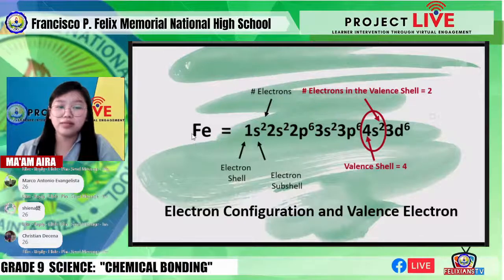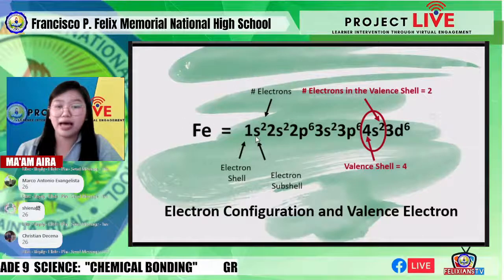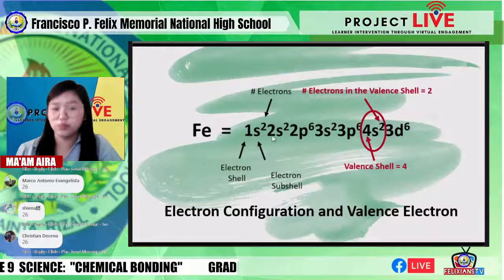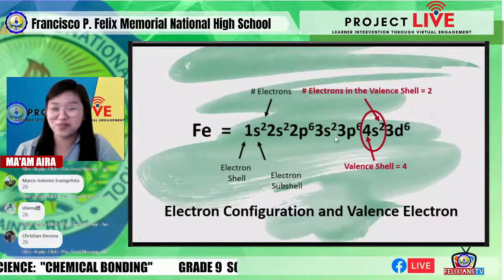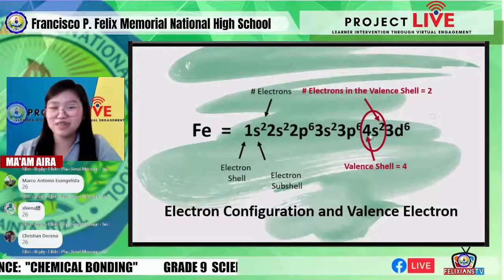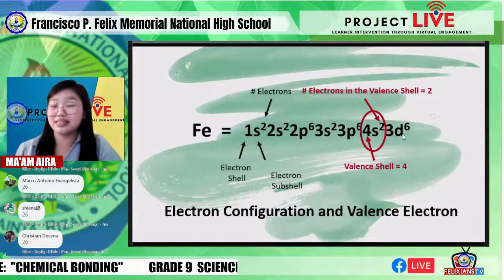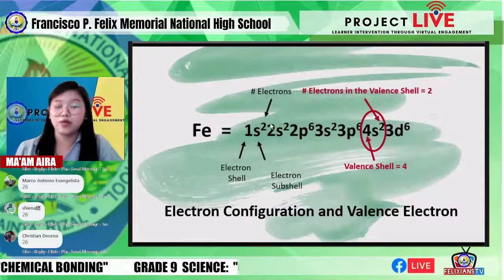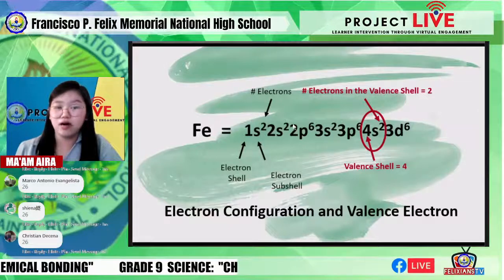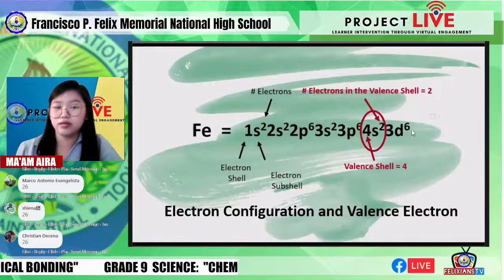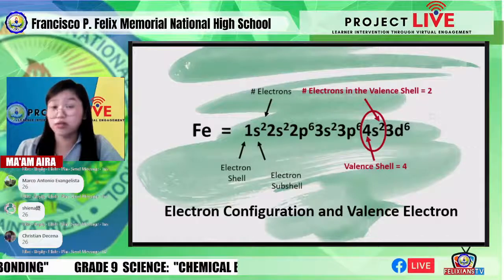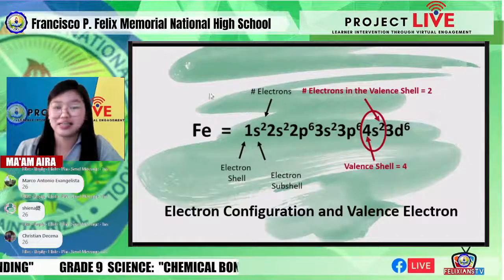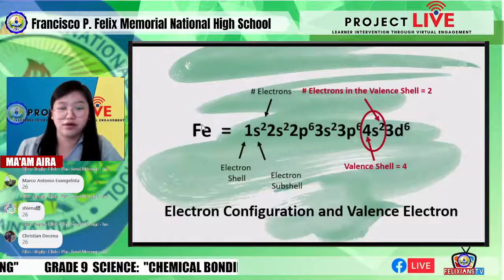For element Fe or iron, we have here 1s2, 2s2, 2p6, 3s2, 3p6, 4s2, and 3d6. Okay? So when we add all the exponents here, we will arrive at a total of 26, which is the atomic number of iron.